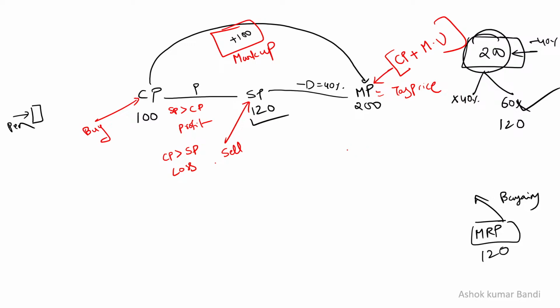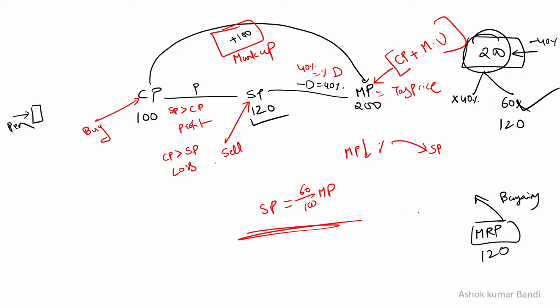Discount means you are going to reduce the market price by that percentage and you are going to then sell it. For example, if I am saying that my discount is 40%, the discount is 40% means out of the market price, you no need to pay that much of percentage. That means if the discount is 40%, you have to pay the remaining 60% of your market price, that we are going to get selling price. Reduce the discount from the market price, you are going to get your selling price.